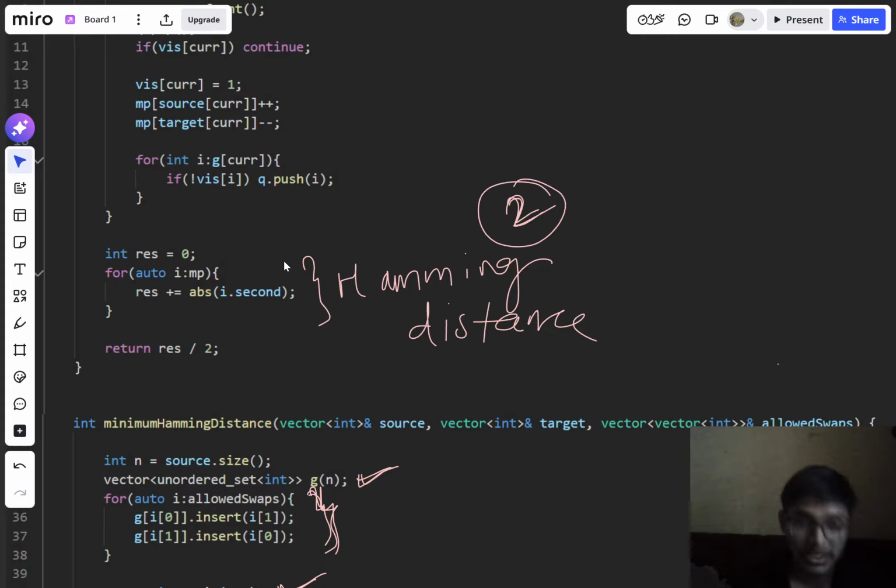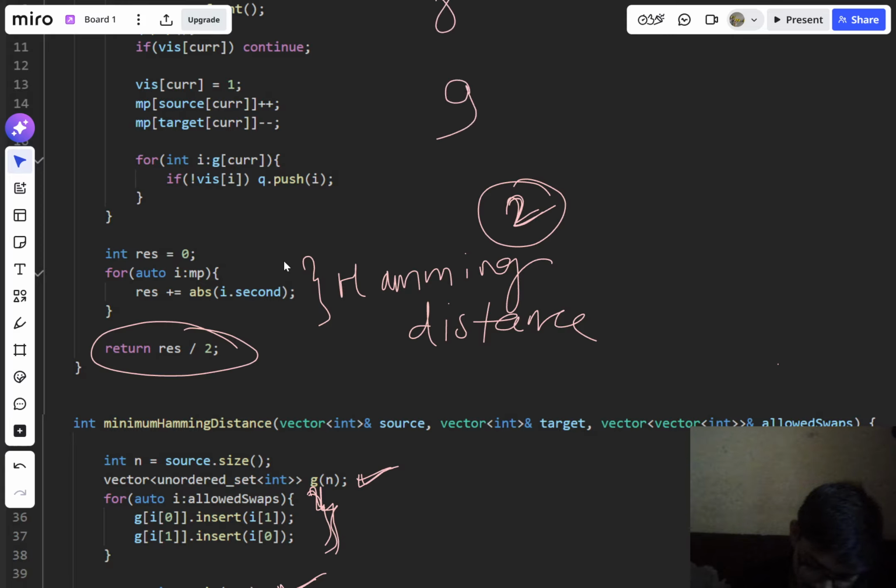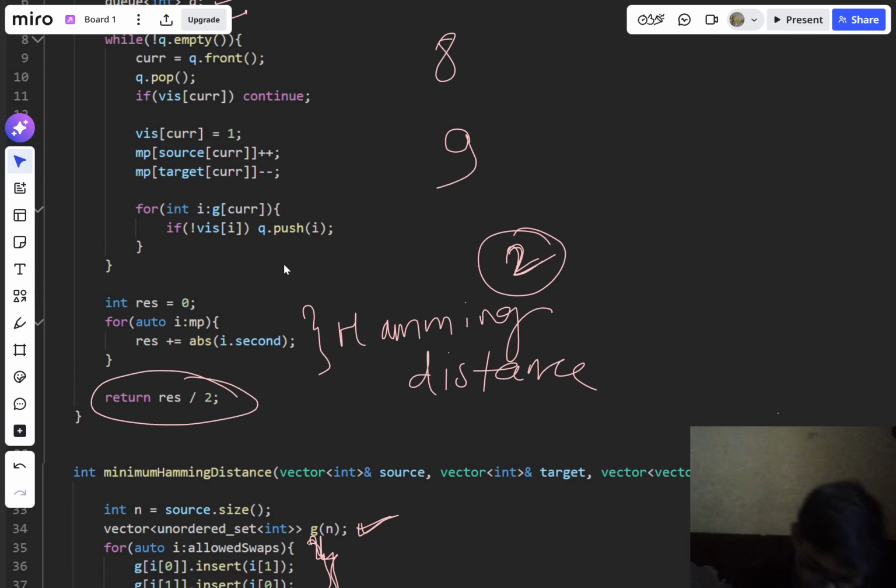That's why we are dividing by 2. So when we have two unbalanced numbers, like 8 and 9, which are not balanced, one can be in the source and one in the target. In this way we can balance them.